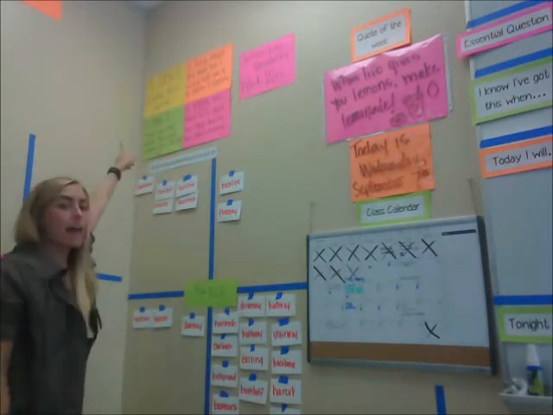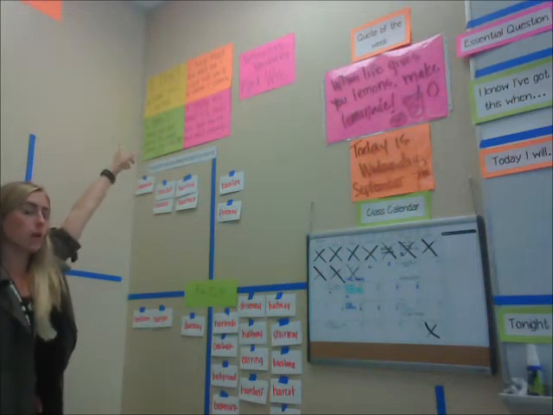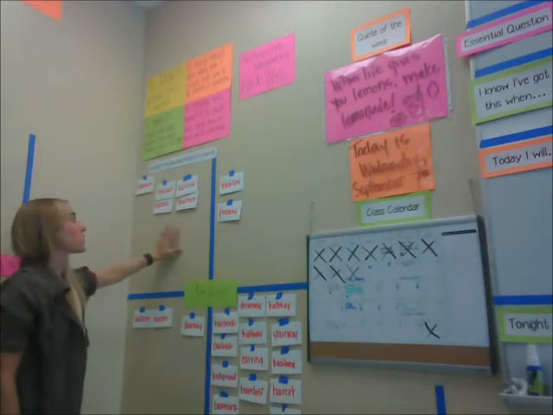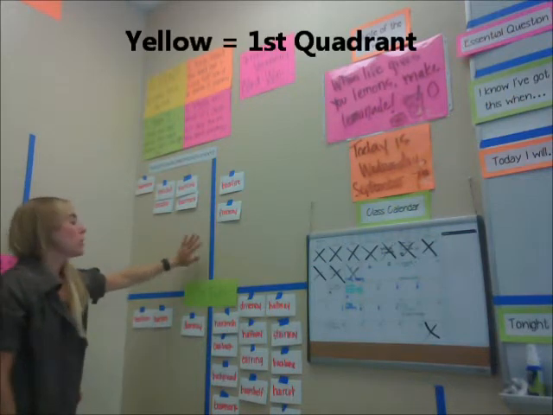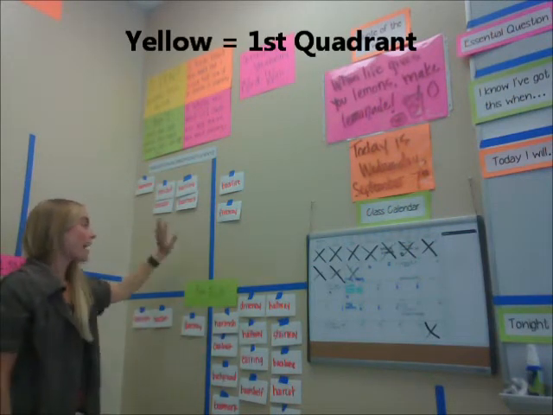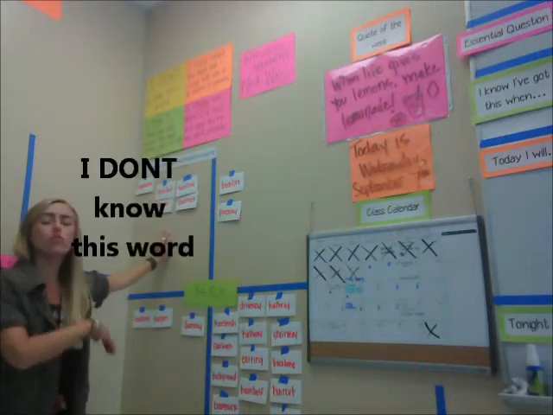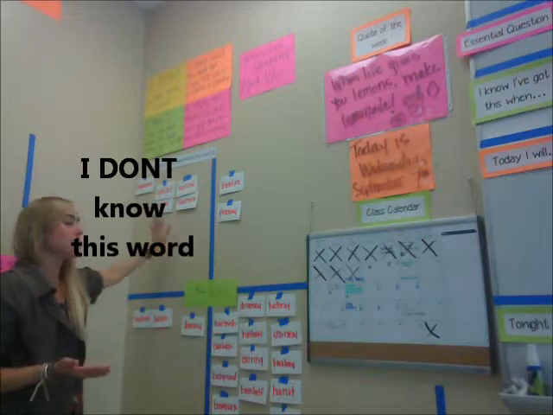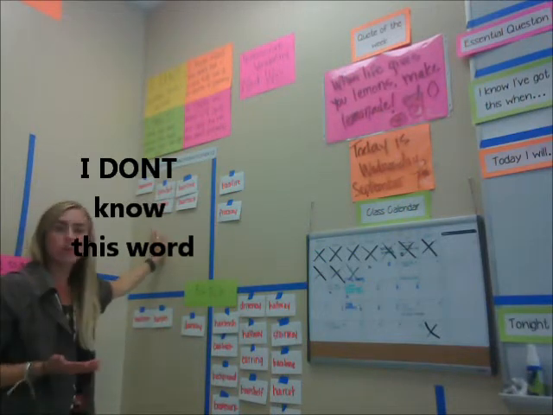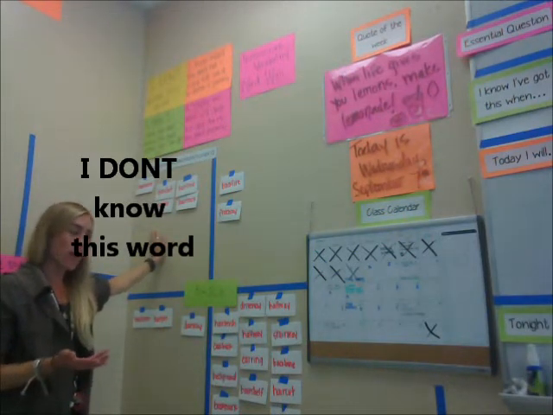Okay. The yellow part of the poster represents the first quadrant. Yellow, first quadrant. You can move a word back to this quadrant if you have no idea what that word is and you've never heard it before. Okay? So this is where you put words that you have never heard before. You have no idea what they are.